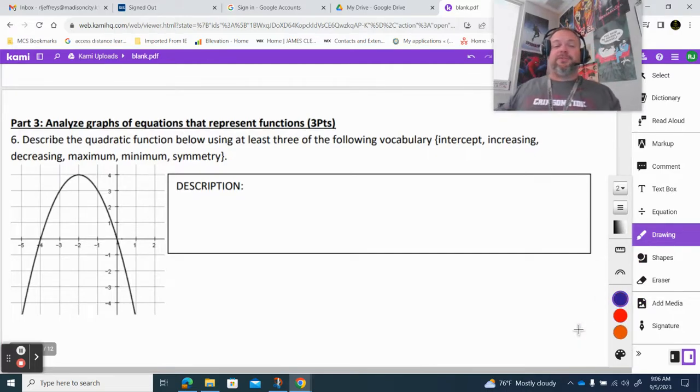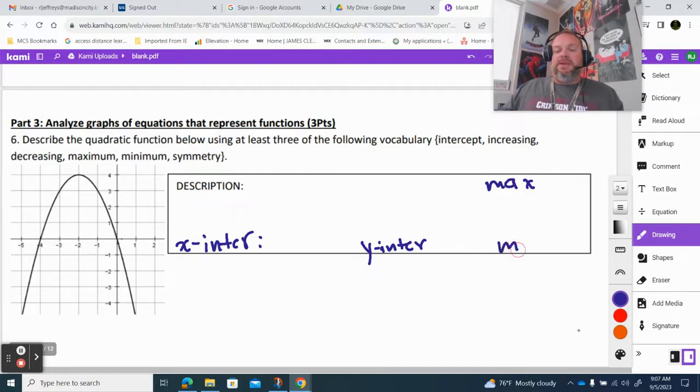I've told y'all to start with the easier ones: the X intercept, Y intercept, max, not mox, and min. Those are the 4 easiest ones. Symmetric, maybe, depends on the graph I put up there. Increasing to decreasing, you might be able to explain those. Some people do really good with it, other people not so much.